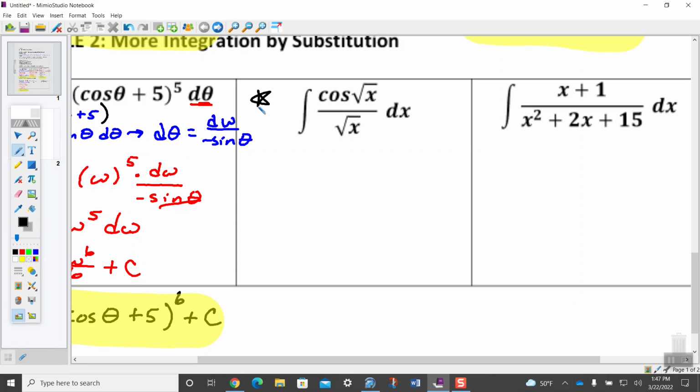All right, here we go, kids. We're gonna let W equal square root of X, which is X to the 1/2 power. So let's go to the derivative of W. The derivative of W is going to equal, pull the 1/2 out front, 1/2 X to what power if I subtract 1? Negative 1/2. Now it's very important on this one that we get some things notationally correct.